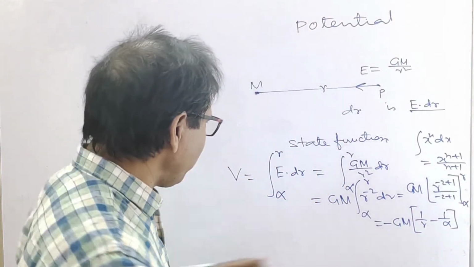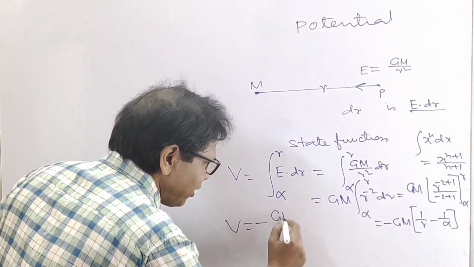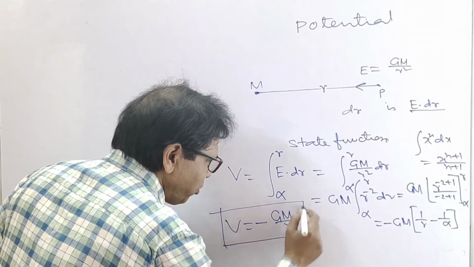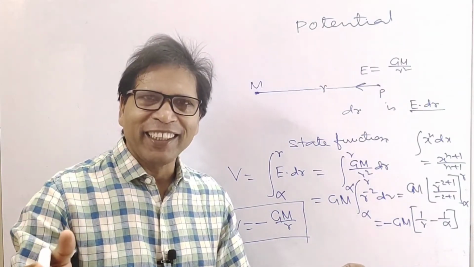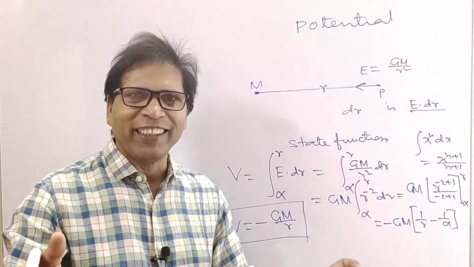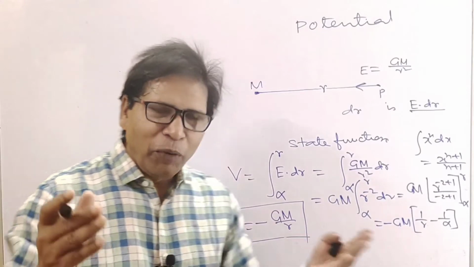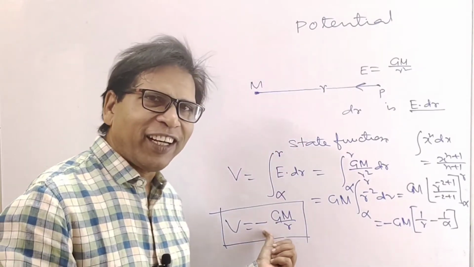So the expression of potential is V equals minus G M by R. What is its unit? Work done per mass, that is joule per kg. Understood? Now I will be solving two numericals based on potential.